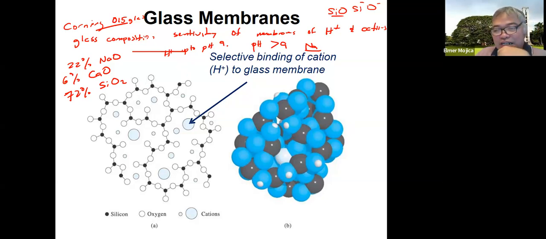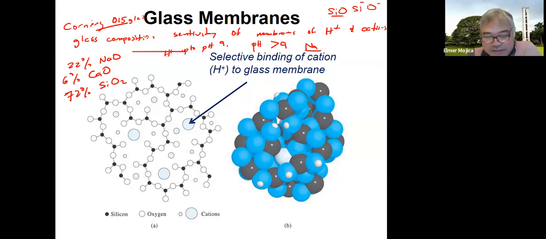So that's the composition of Corning 015, the one usually used in most of these pH electrodes. It prefers to bind with the proton up to pH 9, but above that, it prefers to bind the Na plus and other singly charged cations.